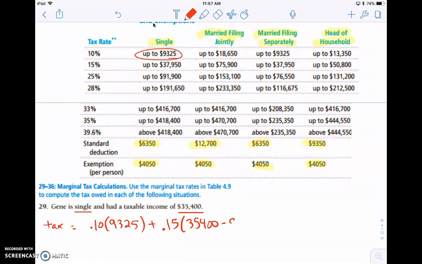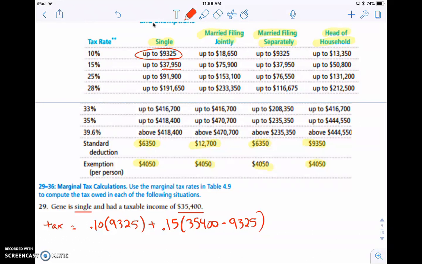35,400 minus 9,325, and that difference right there will be how much is taxed at 15%. Notice I did not go up to the full 37,950 because Gene didn't make that much. Gene made 35,400, and so we stop where we peak out.